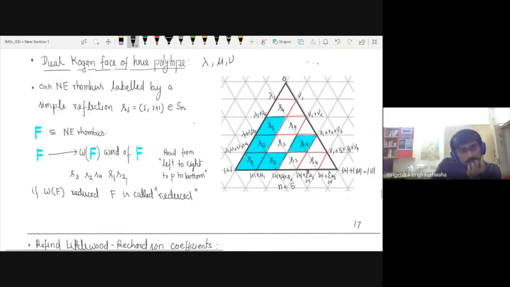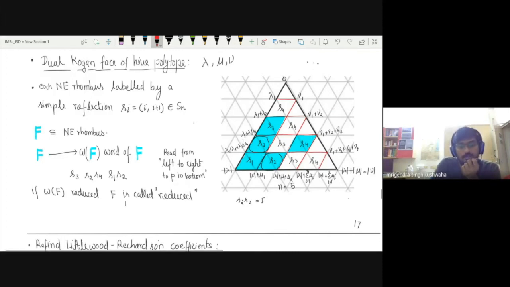Okay. So we want this word to be reduced. What does reduced mean? If you take just these two faces, S2 and S2, and associate a word, you will get S2 and S2. So this is the identity, so it is not reduced. We don't want that type of face. We want the reading word to be reduced.